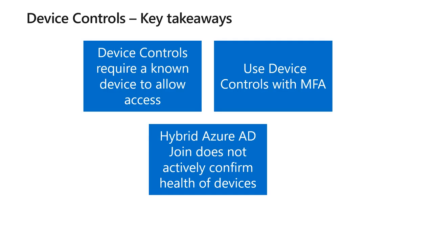One final important callout here is that the hybrid join case does not have a direct connection to the health of the device. The controls to guarantee that a domain joined device is healthy are on the customer. This is in contrast to MDM with Intune and Endpoint Manager, where compliance is measured on a regular basis.